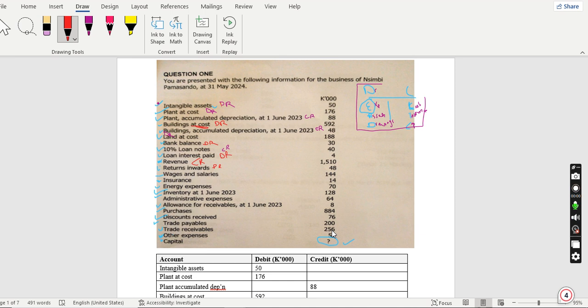Though I'm not sure, sir, can I try? Return inwards could be an instance where goods are returned to you. Oh yes, good. Returned to the business by the customer.